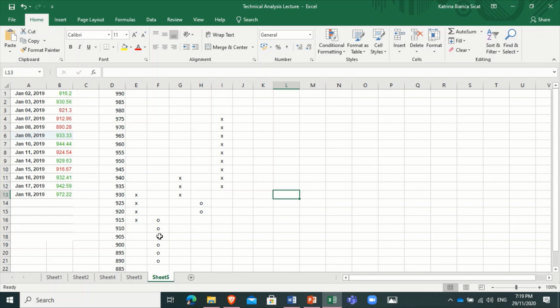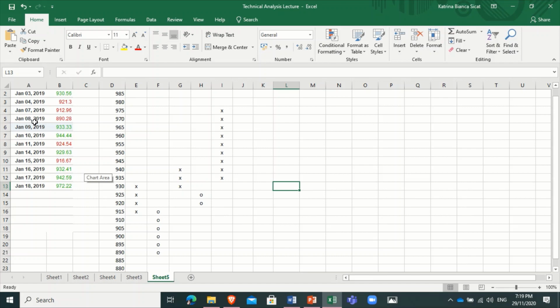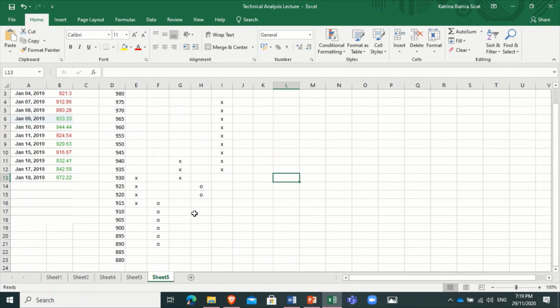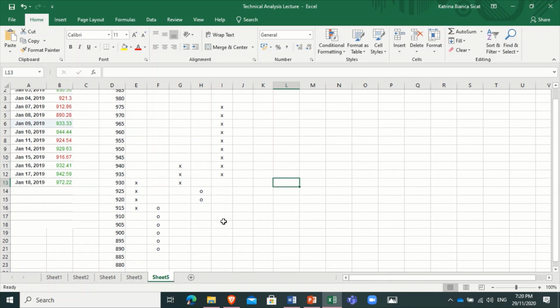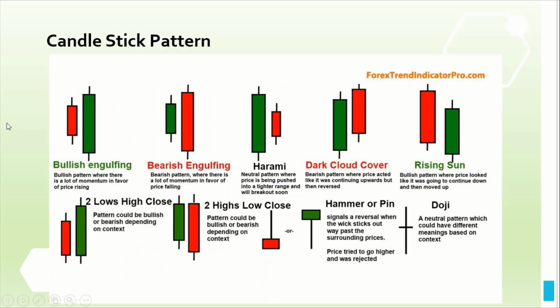And then this one is from January 4 to, ano ba yung pinakamababa? 890 to January 8. So, hindi siya day to day. For some companies, pwede pa ngang every month kasi hindi ganun ka-volatile yung kanilang stock price. So, again, that's how point and figure chart works. It's not for a short-term trading period. It's more on a longer period of trading.